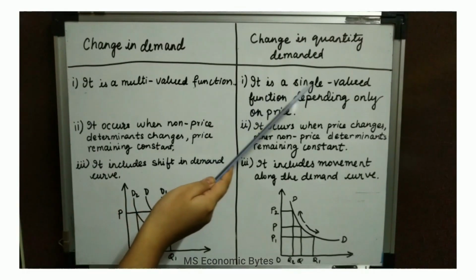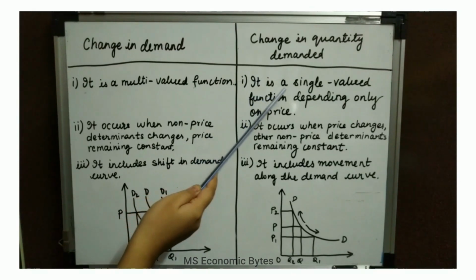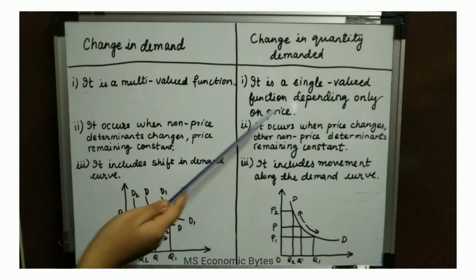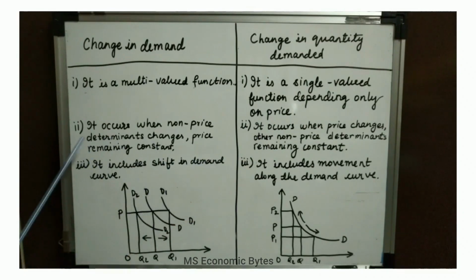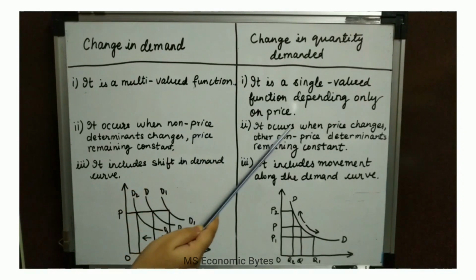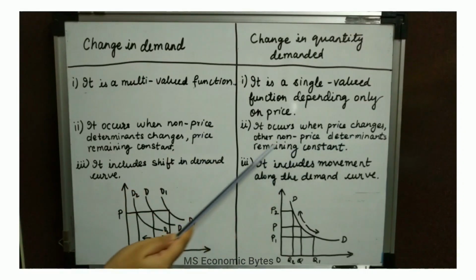In case of change in quantity demanded, it is a single valued function depending only on price. Next, change in demand occurs when non-price determinants change, price remaining constant. In case of change in quantity demanded, it occurs when price changes, other non-price determinants remaining constant.